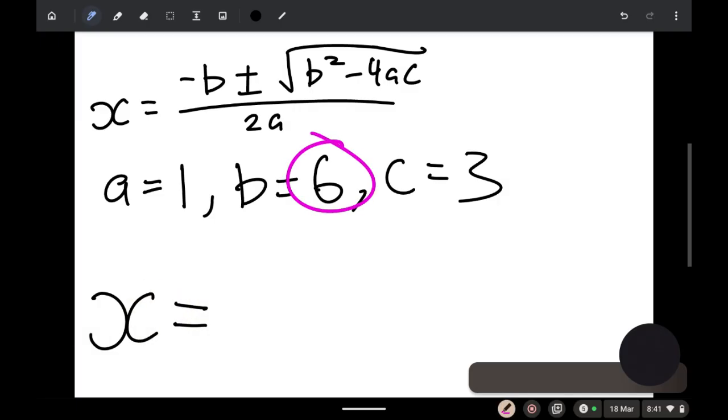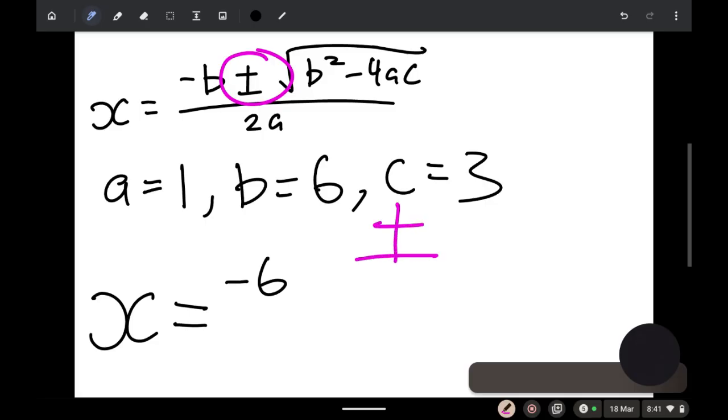So since 6 is our b, we'll have to make it a negative, so it will be negative 6. Plus minus, it means it can be a positive square root or a negative square root. Okay, but in the quadratic formula, you must write this symbol. It's basically like a T with a line at the end. Okay, so it will become negative 6 plus minus square root.